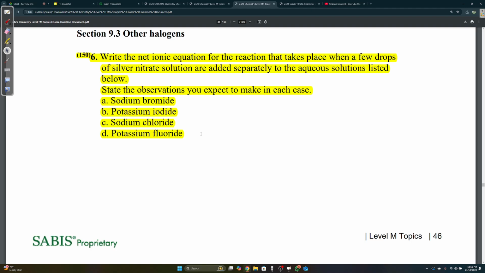Continue now, question 6. Write the net ionic equation for the reaction that takes place when a few drops of silver nitrate solution are added separately to the aqueous solutions, and state the observations you expect to make. Silver nitrate is AgNO3. Remember, we're talking about halogens and silver nitrate. You guys know that silver nitrate reacts with Cl, Br, and I. Actually, I'll just show you the notes.